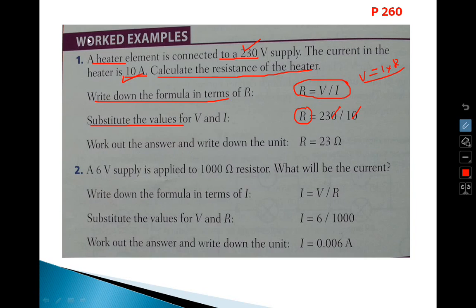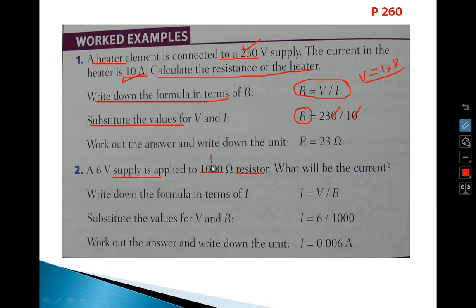Worked example number 2. We have a 6-volt supply, like a battery power supply. This 6-volt supply is applied to a 1000 ohm resistor.